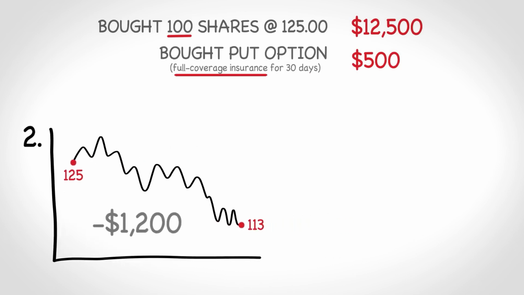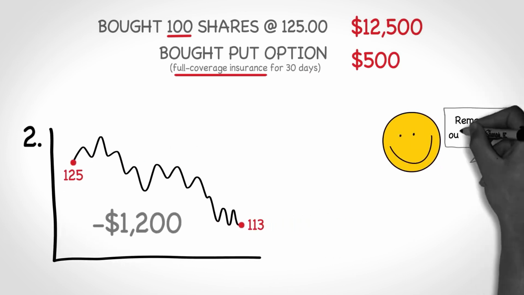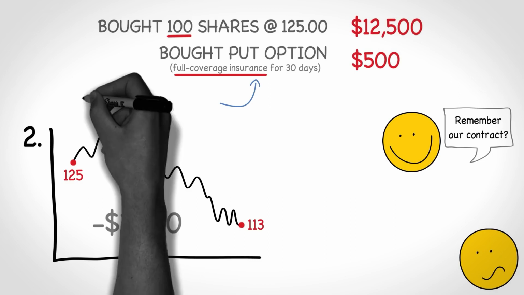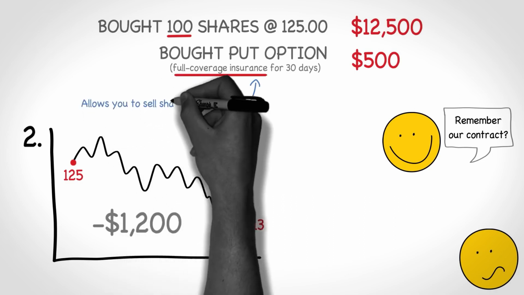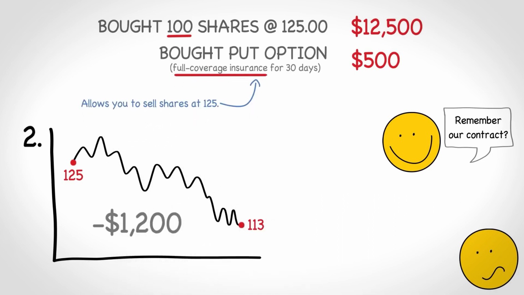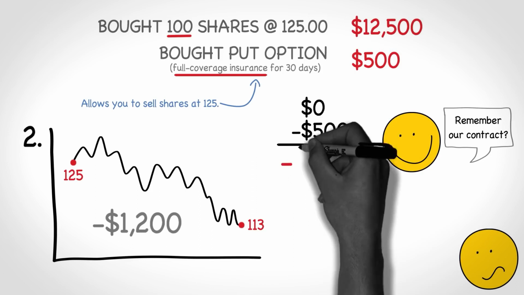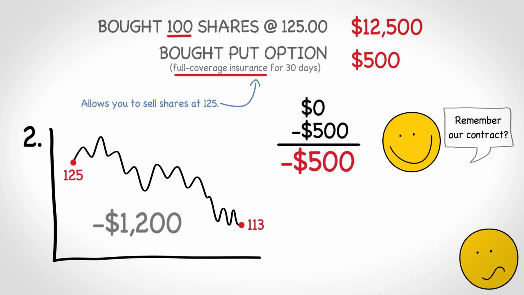Now, you go to the person who sold you the option and say, hey, remember our contract? Now, even though the stock is at $113, you are able to exercise your option to sell your shares at $125 per share. So you lost nothing on the stock. Your only loss in this scenario is the $500 you paid for the put option, much better than the $1,200 that you would have lost if you did not purchase this option contract.